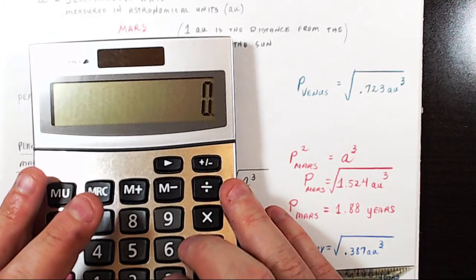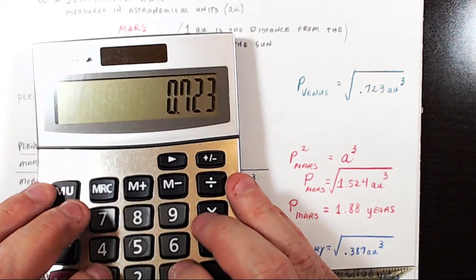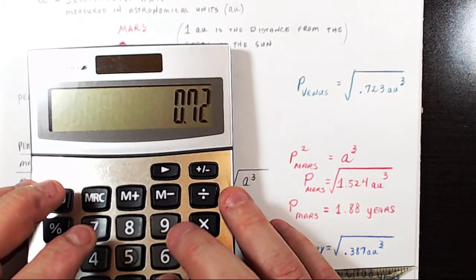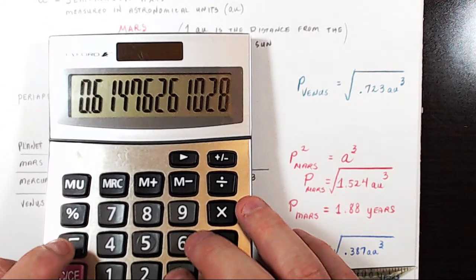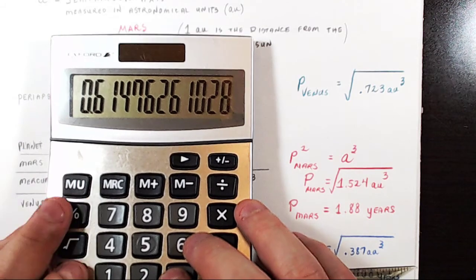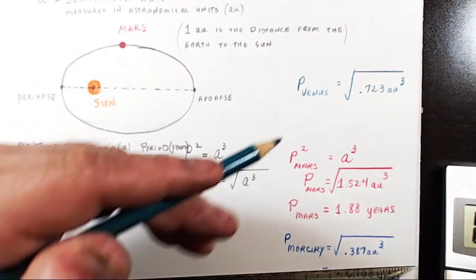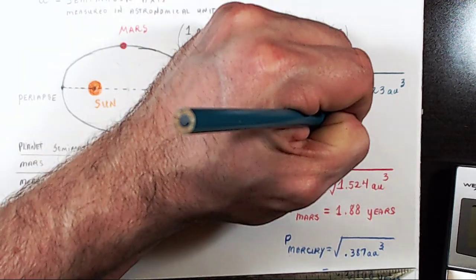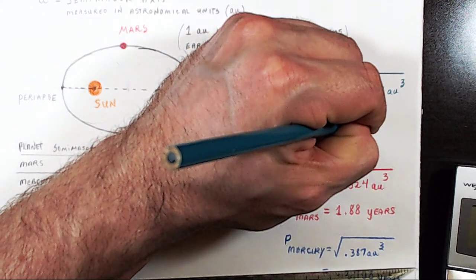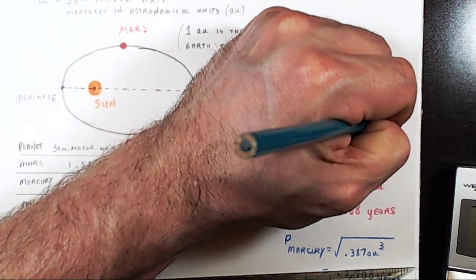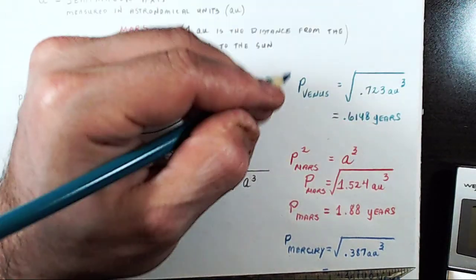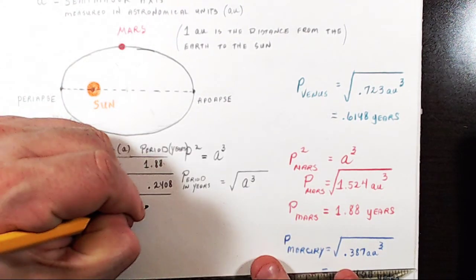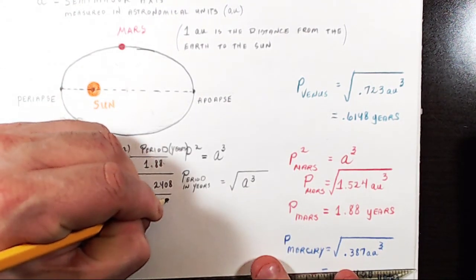So we'll take 0.723 times 0.723 times 0.723, and then we'll take the square root of that, and that gives us a period of 0.6147, or with the significant digits, 0.6148 years. Okay, so we'll plug that back into our table. 0.6148.